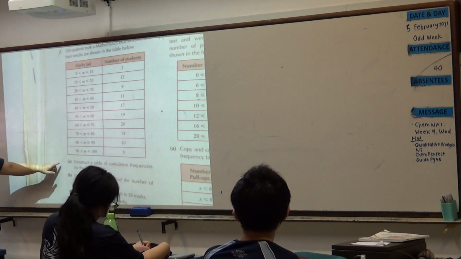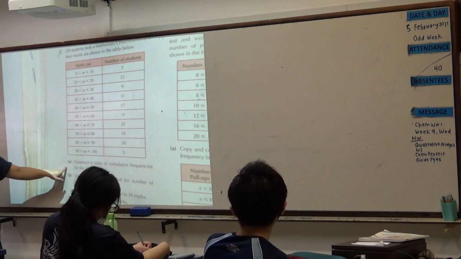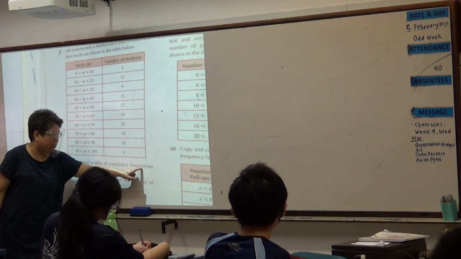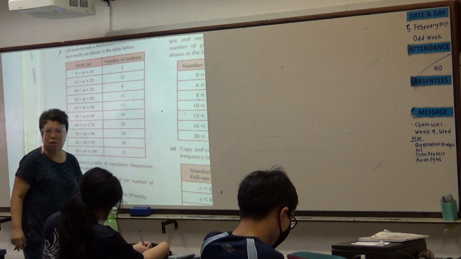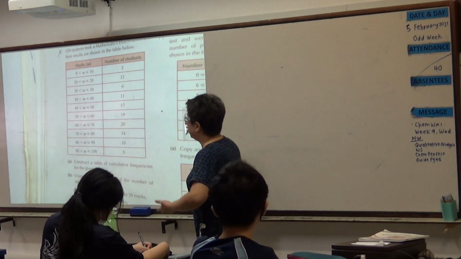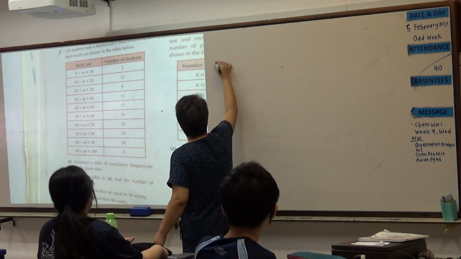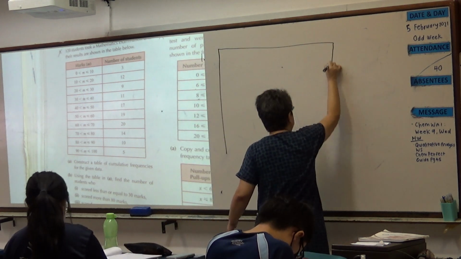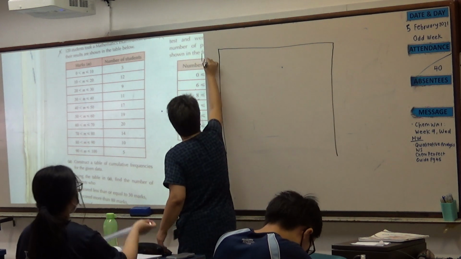Then, part A. Construct a table of cumulative frequencies for the given data. Now, how should we construct? This is only the frequency table. So, can you draw a table? Question 1.